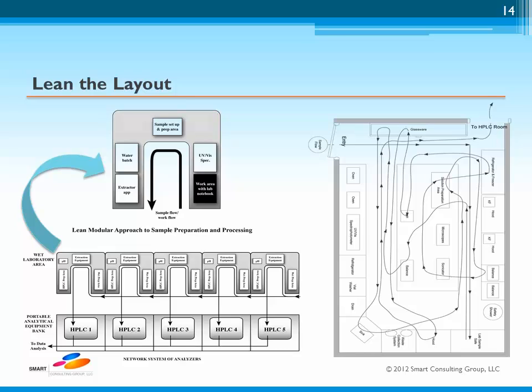These points will play a major role in determining the design for optimum flow, efficient use of space, and productivity improvements. As the layout is refined, it's important to remember to map the daily routines of the personnel, including analysts and helpers, the sample flow and the data flow. These elements will be key in the design for a lean laboratory.